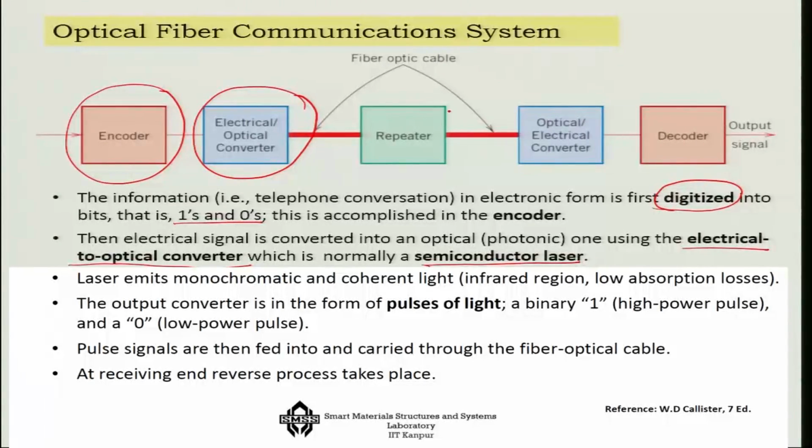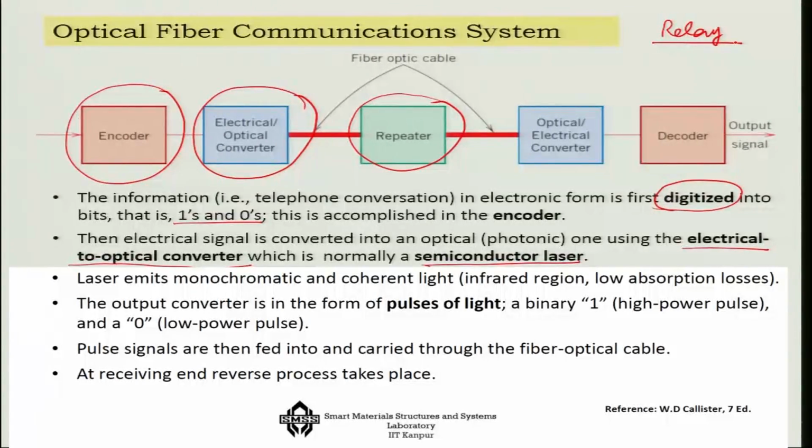In between you may need repeaters whose job is just to relay the same information. In the good old days, there used to be relays for electrical systems, in which the same electrical data was boosted up and then sent through another cable, so that the loss could be compensated.